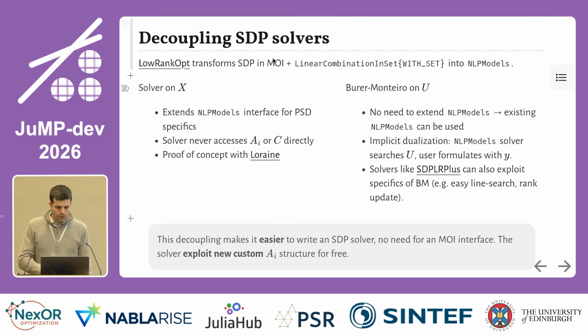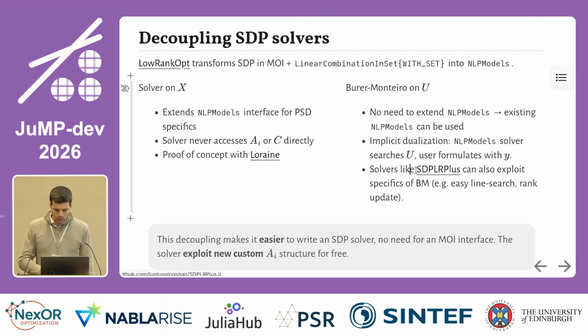Actually, if you use low-rank opt with the Burer-Monteiro formulation, you can just use any nonlinear solver that's already there in NLP models. For example, you can use Percival and it just works. But there are also some solvers that are specific to Burer-Monteiro, like this one.